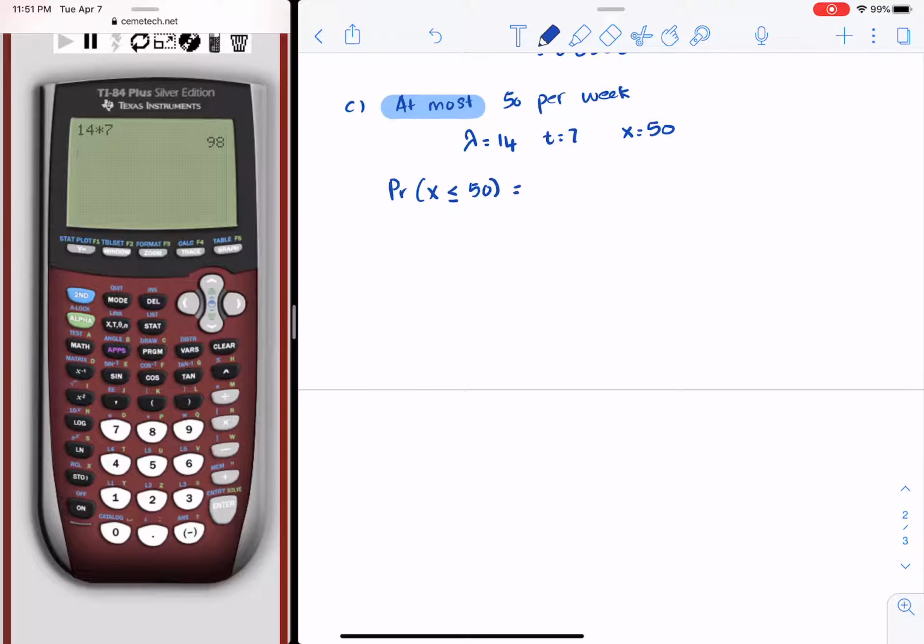And that involves a complicated formula, so we're just going to rely on the calculator here. So we would press second vars, select option D and enter 14 times 7, comma 50.